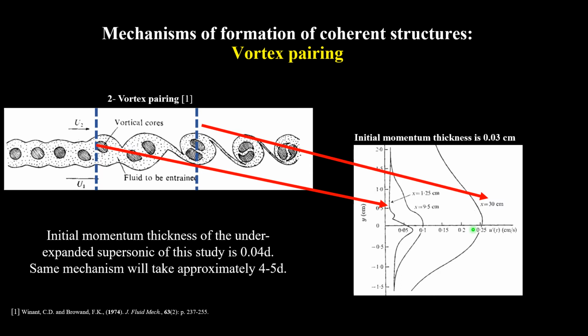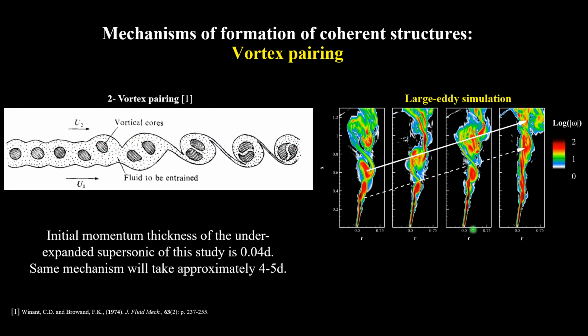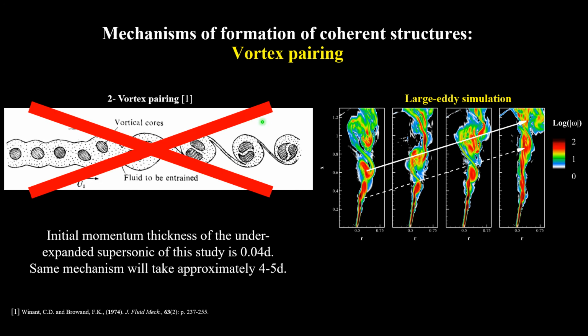In addition to this, we look at the animation of the vorticity field. We observed occasional pairing occurring, but at most we have two pairings, and these two pairings can reduce the frequency by a factor of 2 to 4, which gives us the indication that this mechanism is not the dominant mechanism of reducing the frequencies in the shear layer of this configuration.